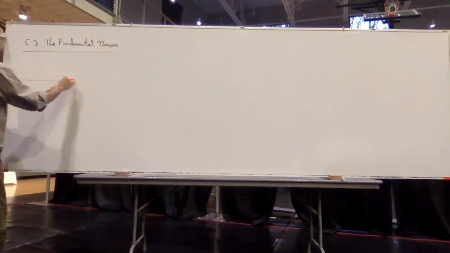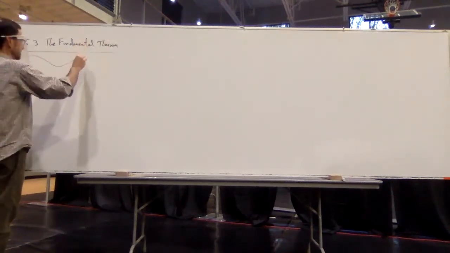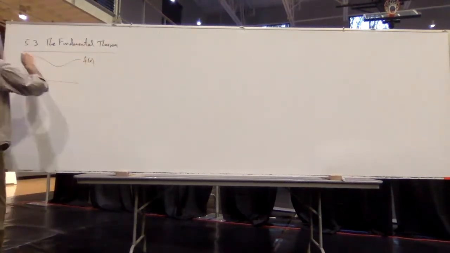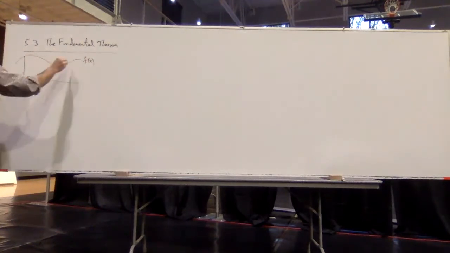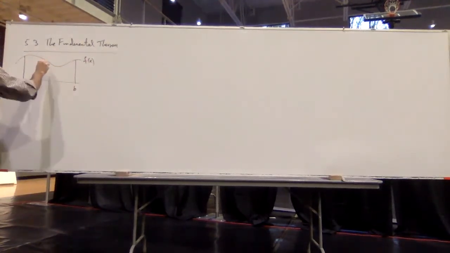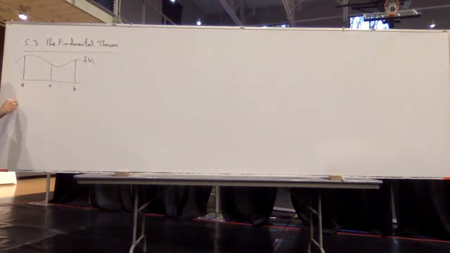So remember the setup. We have some function. We'll assume it's non-negative. We start at a, maybe eventually working our way up to b, but we define this new function. We call it the area function and named it big A, which is the integral from a to x under the function.